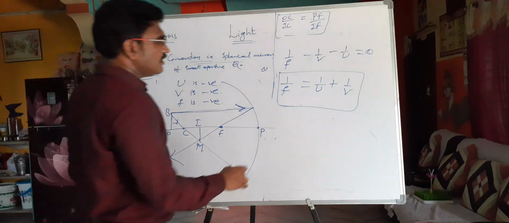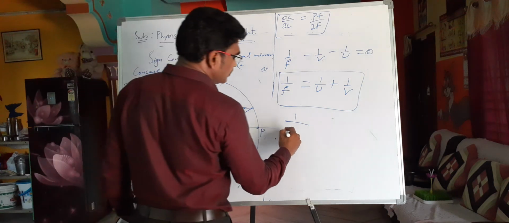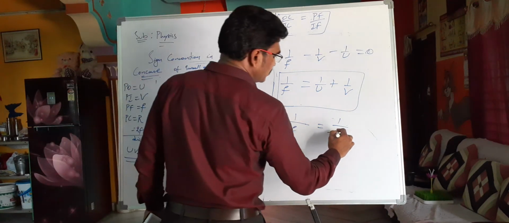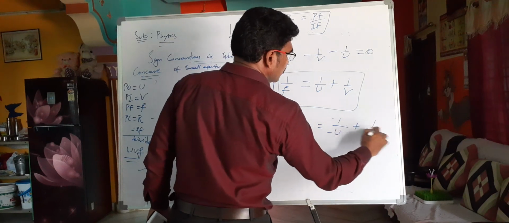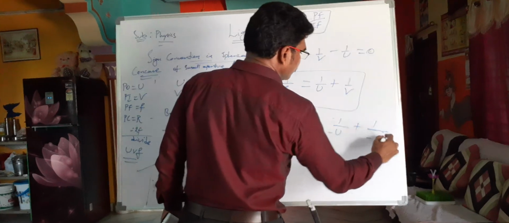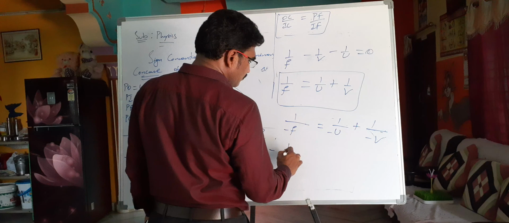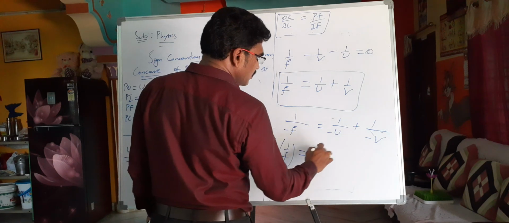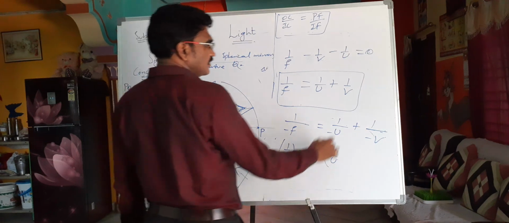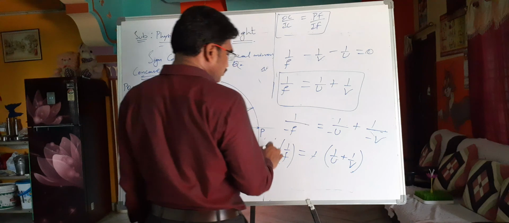Let us take the sign convention: 1 by F becomes minus F, 1 by u is minus u, plus v is minus v. Then you take the minus out. What are you going to get? 1 by f is equal to minus 1 by u plus 1 by v, and again the minus cancels.